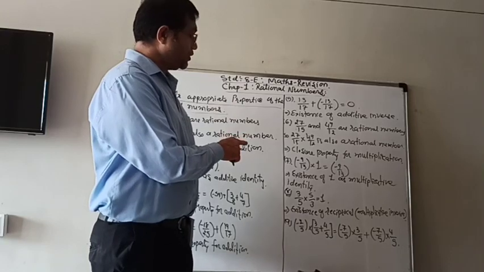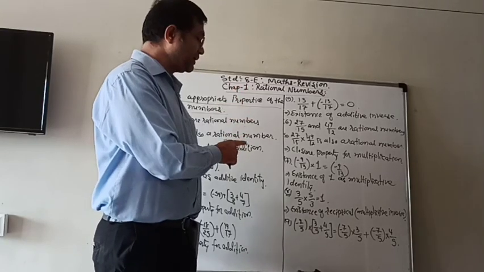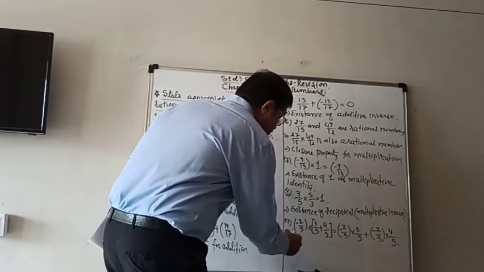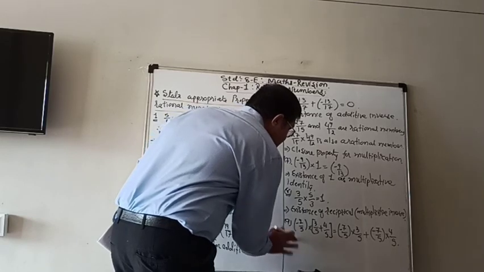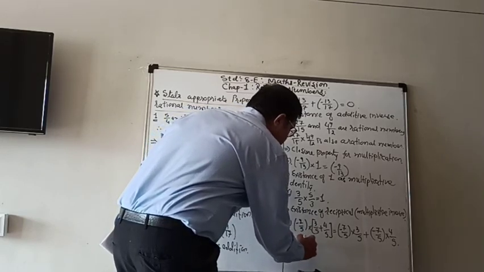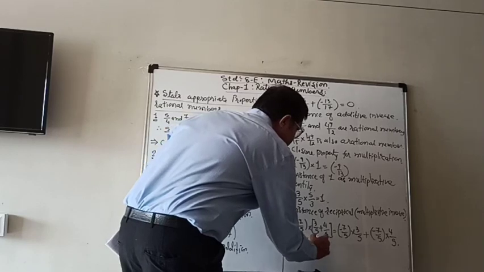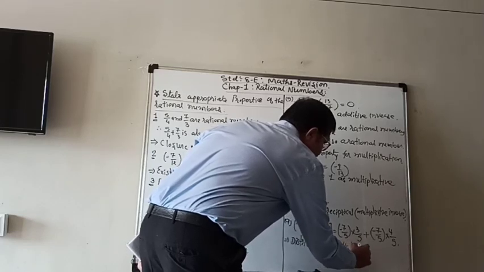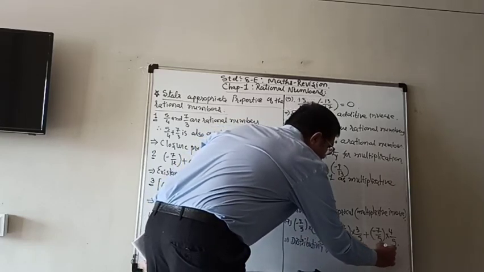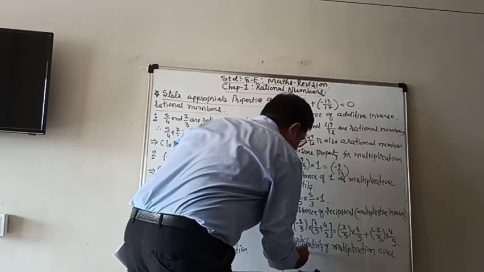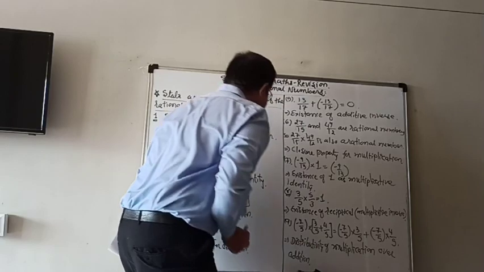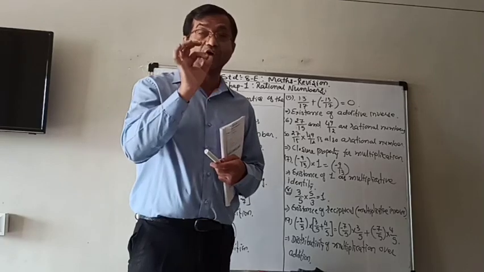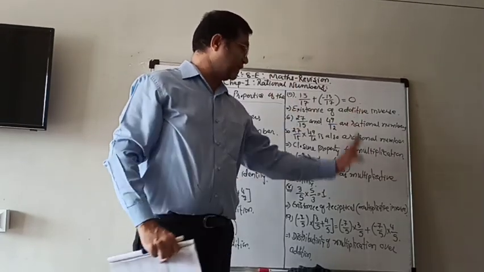So distributivity of multiplication over addition if it is plus, subtraction if it is minus. So the answer is distributivity of multiplication over addition. As I told you, whenever they only ask what property is used, you have to mention only the name of the appropriate property.